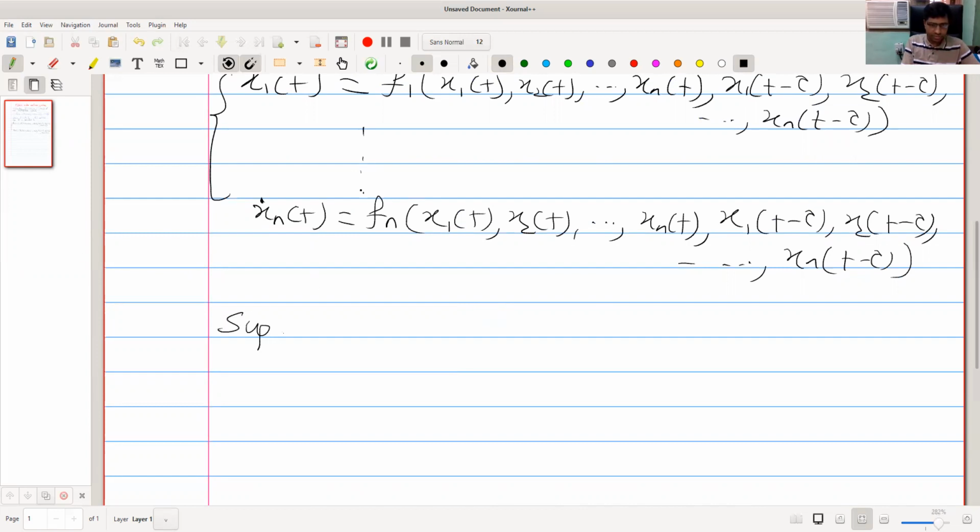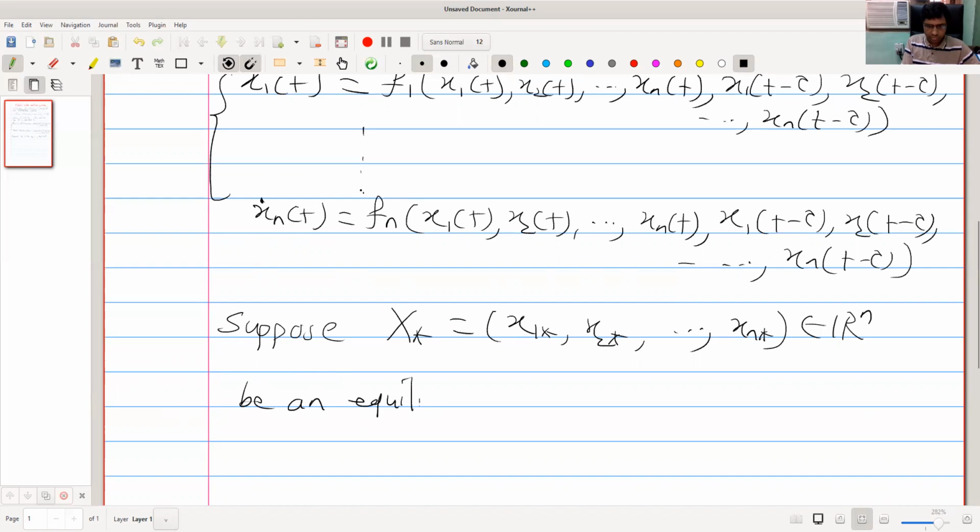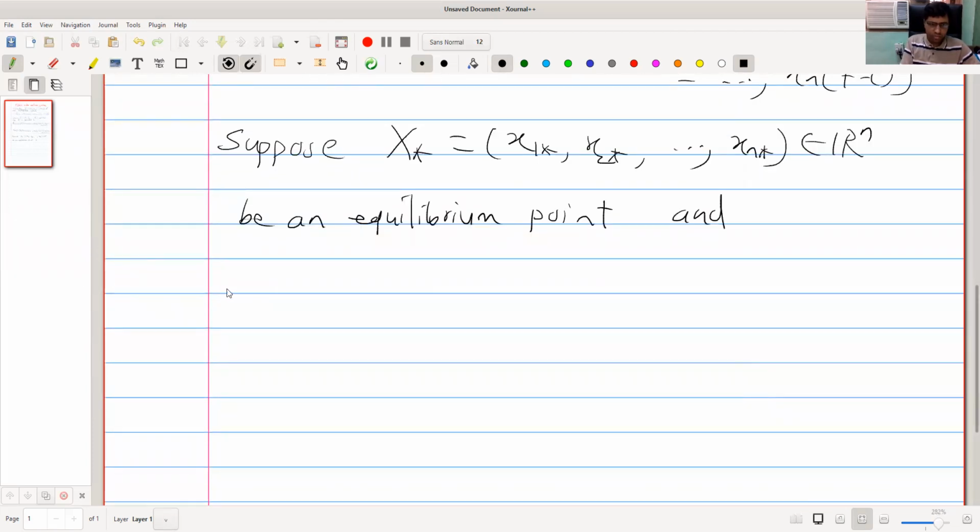Suppose x star, that is column x1 star, x2 star, and so on xn star in Rn, be an equilibrium point, and we define the matrix capital A. Capital A is an n by n matrix.